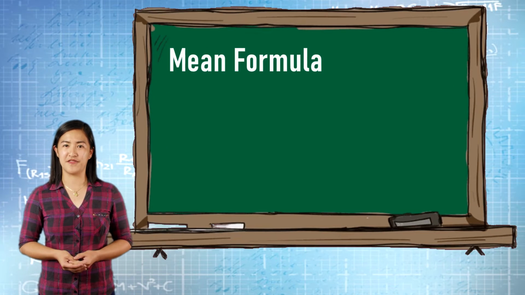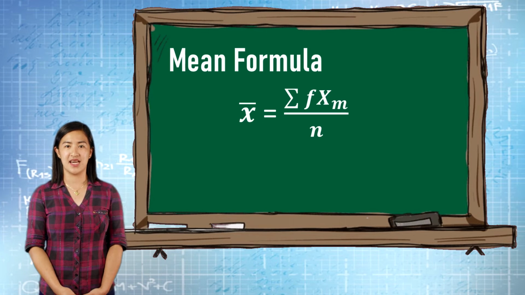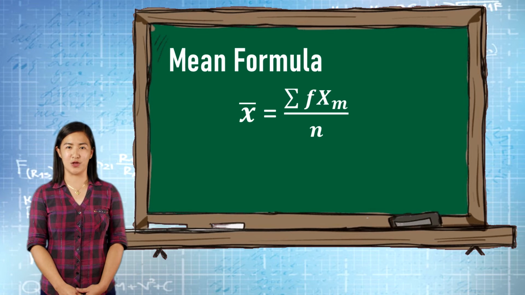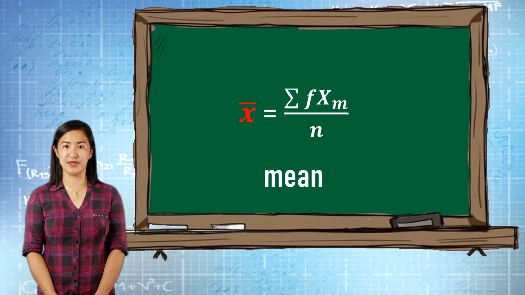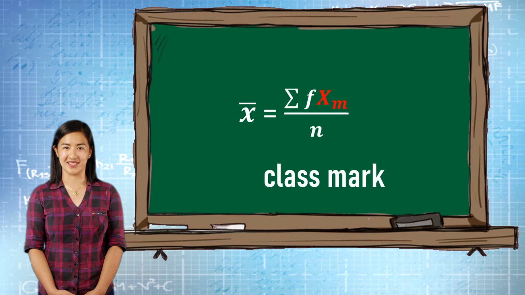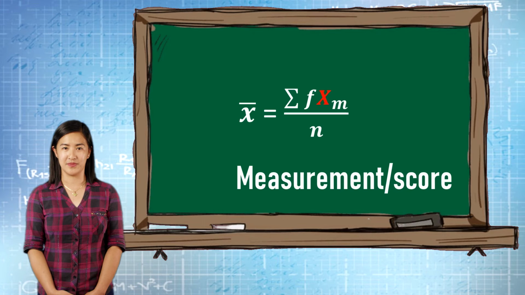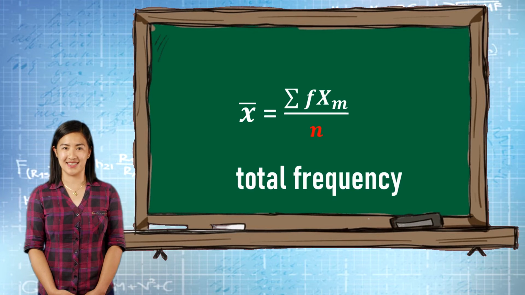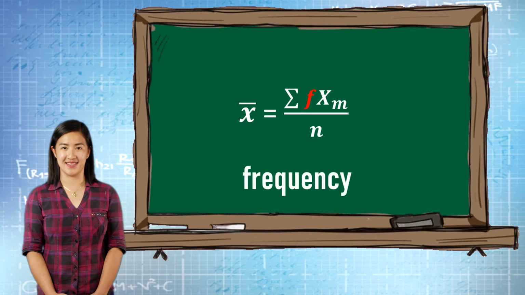The formula in finding the mean is equal to the summation of frequency times the class mark over the total frequency, where x bar is the mean, x sub m is the class mark, x is the measurement or score, n is the total frequency, and f is the frequency.